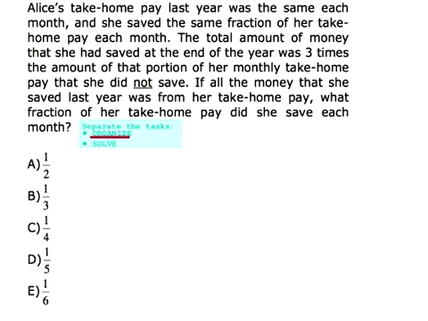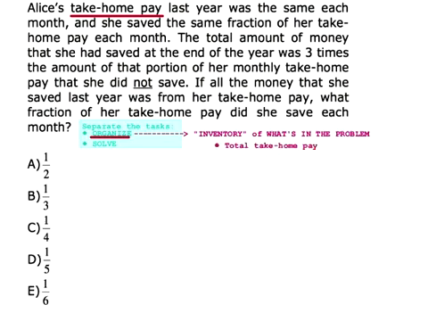So you have a total take-home pay. Let's just take an inventory of what's in the problem. So we have a total take-home pay. And then she saved the same fraction each month.